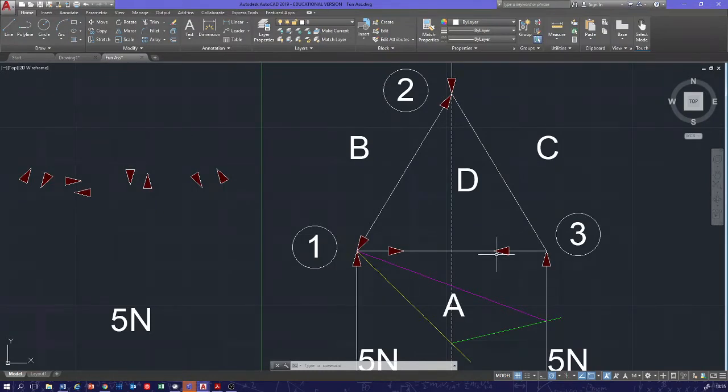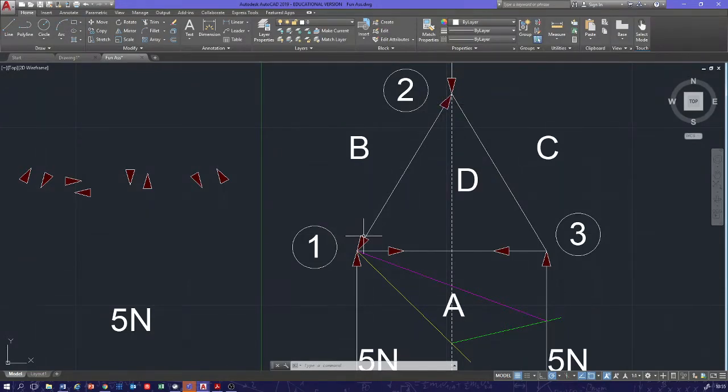So the reaction force from the beam is to pull inwards to hold those two pins together. So even though it looks like those arrows should be telling us that it's in compression, what those arrows are telling us is that this bottom member is in tension, because the pins are pulling outwards.